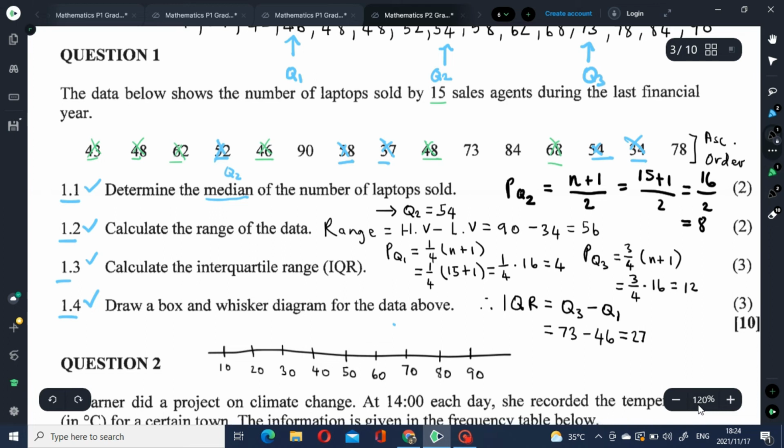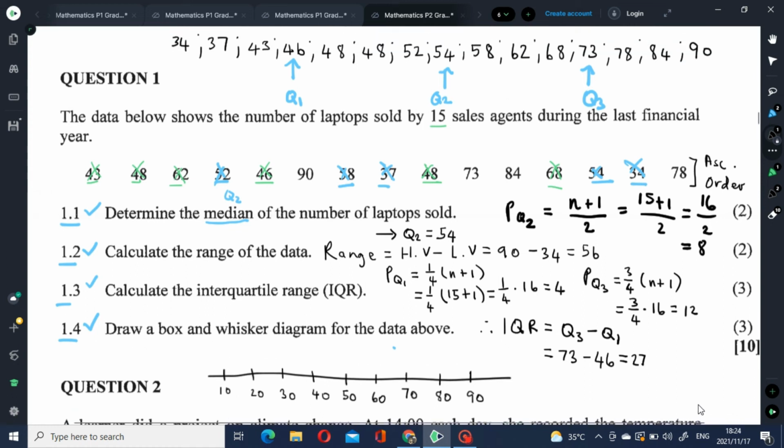When you mark off the 5 critical points, it's the lower value, the higher value, and the quartiles 1, 2, 3. The 3 quartiles form the box, and the lower value and the higher value form the whiskers. That's the way you remember it.